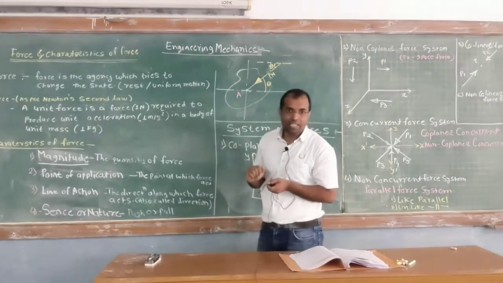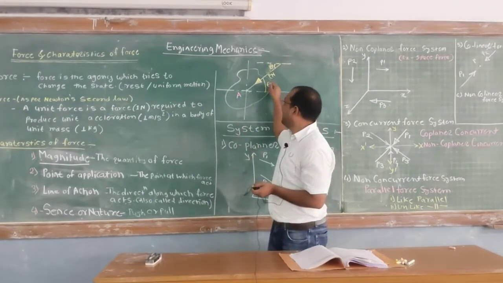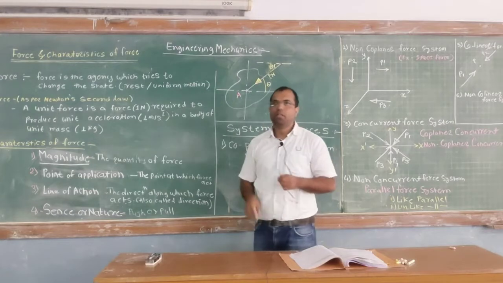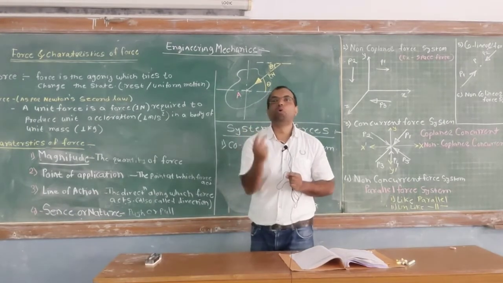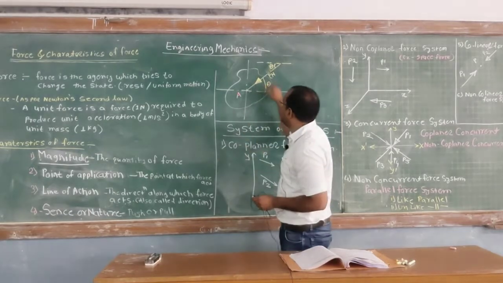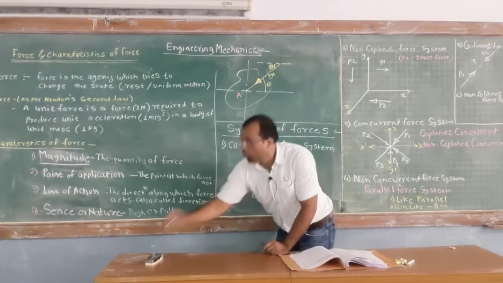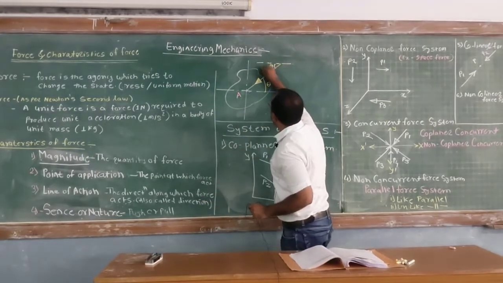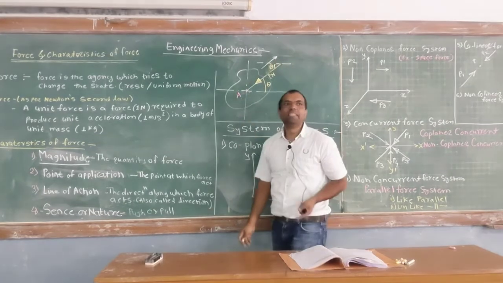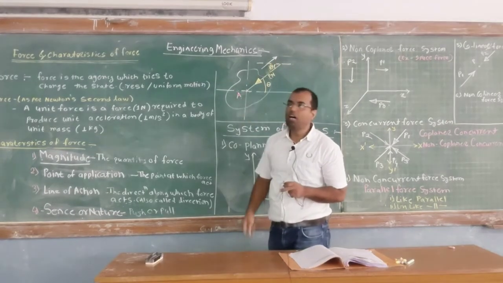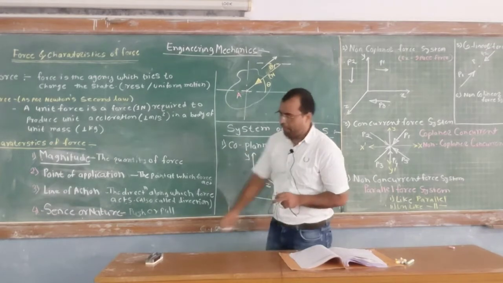From this figure you understand this force P is coming towards the point, therefore it is the push type of force. Instead, if this force is going away from the point A, then it is known as the pull type of force.